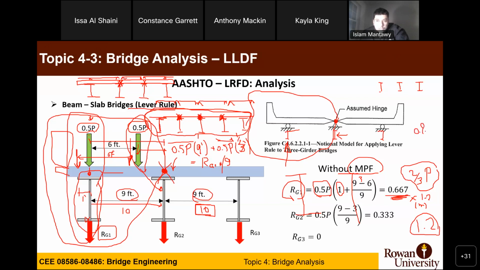So check your answers. And the second girder will be 0.2.